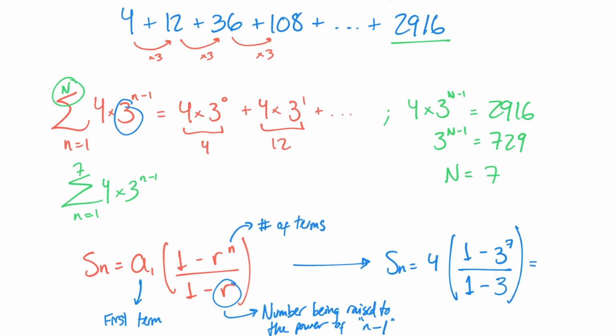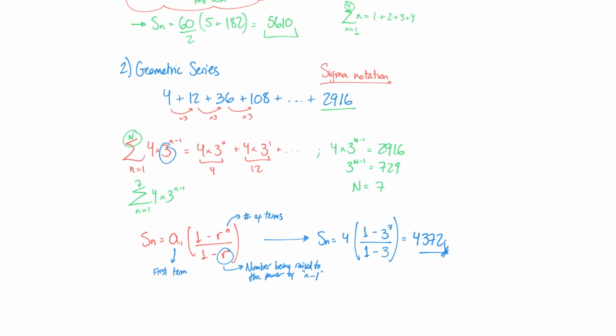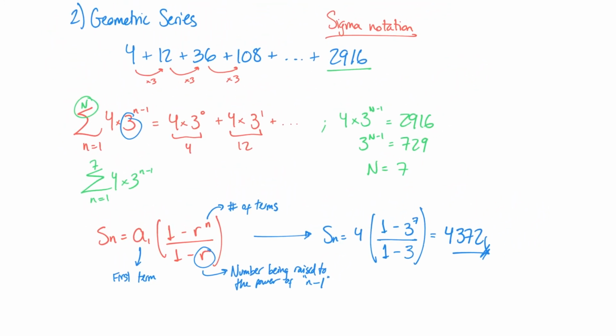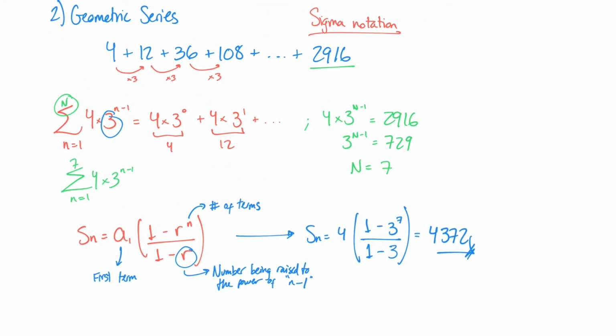Okay, and then at this point, we can plug it in the calculator, do whatever, and we will get that the summation is equal to 4,372. So, it is very important when we're talking about finite series to understand whether they are a geometric series or an arithmetic series.